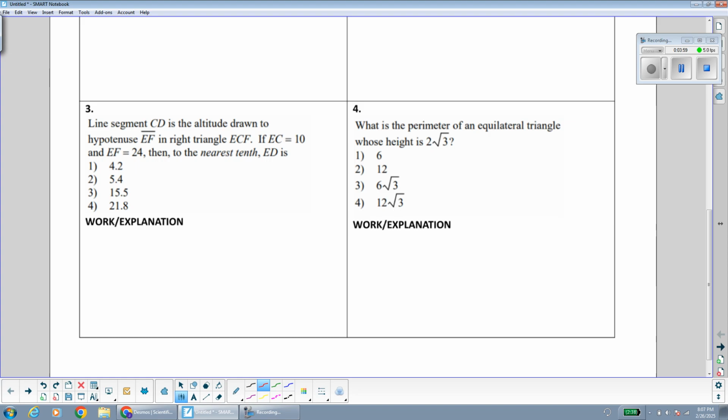For number 3, line segment CD is the altitude drawn to hypotenuse EF in right triangle ECF. Always draw a picture. ECF.